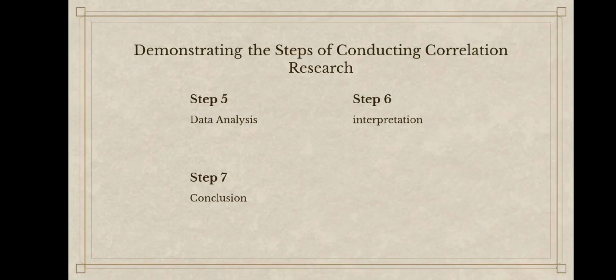Input the data into statistical software and calculate the Pearson correlation coefficient to determine the strength and direction of the relationship. Step 6. Interpretation. In this case, it suggests a moderate positive correlation between language practice and speaking fluency.